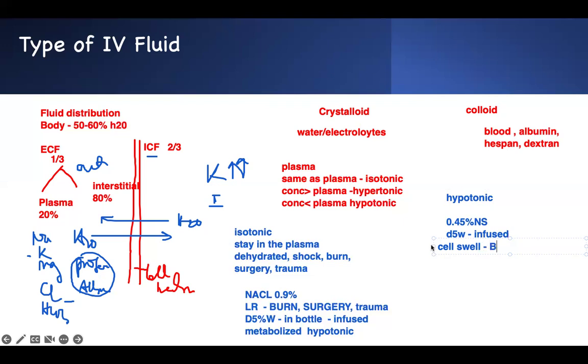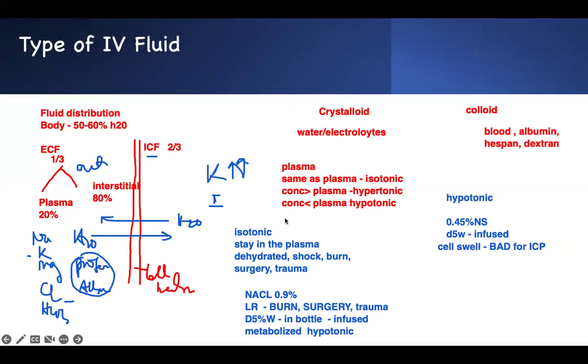That is why this is bad for ICP. If somebody has an ICP issue, you should never give this to them because the cells will swell and burst open. So never use this hypotonic fluid in an ICP issue or brain injury. It will make it swell.